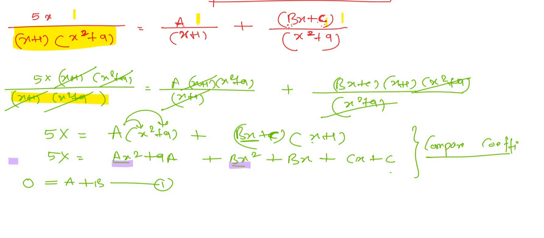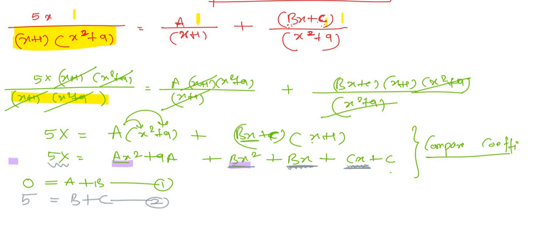Now let me try. If I compare x coefficients, here the coefficient of x is this and here it is this. So can I write 5 is equal to B plus C. This is equation 2.